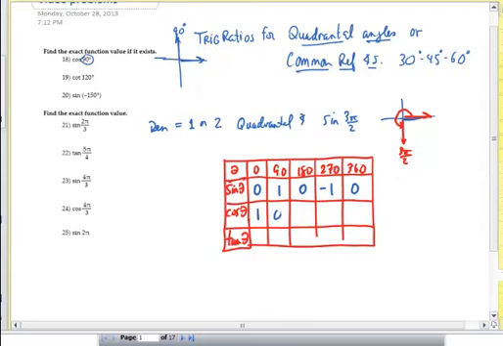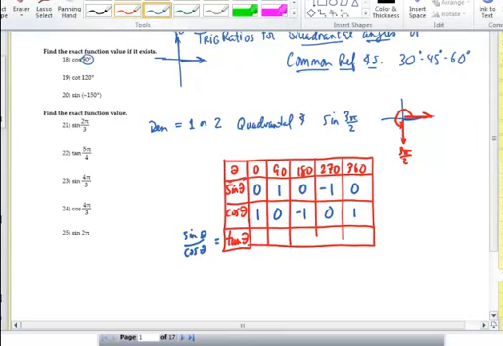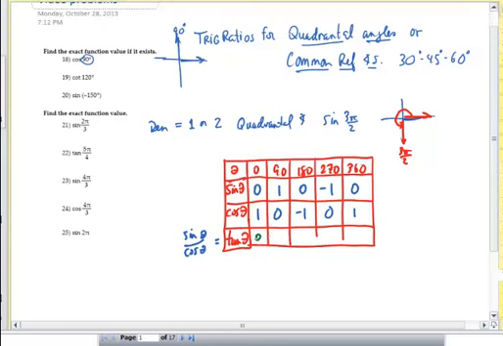Cosine would start at 1, then proceed through the following values. And then the tangent ratio is the quotient of the sine ratio over the cosine ratio. So you just look and you say 0 over 1 is 0. Undefined, 0, undefined, 0.